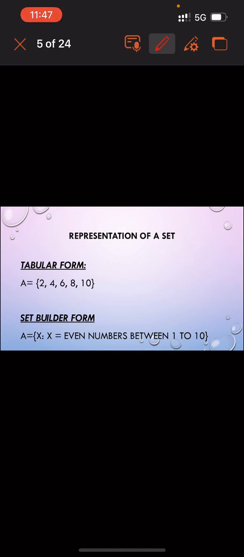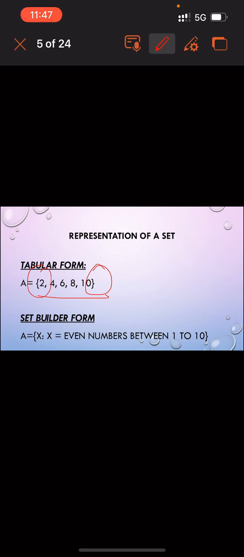Tabular form means suppose we have to write the set of even numbers less than 12. So 2, 4, 6, 8, 10. These are the even numbers we can represent inside the curly bracket. So this is called tabular form.